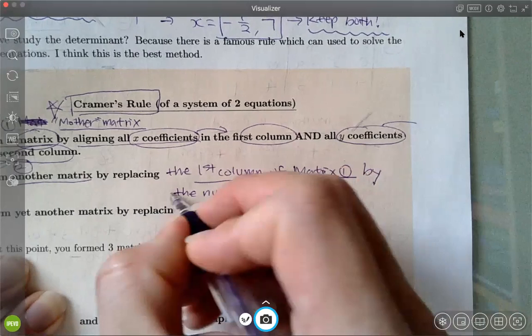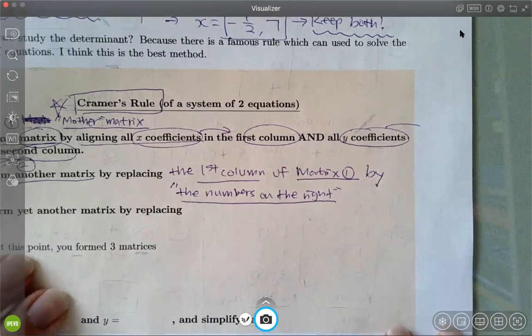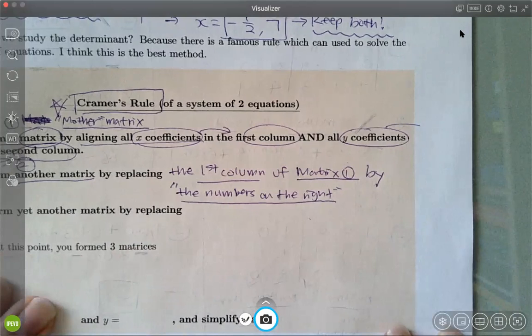At this point the expression, the numbers on the right, may look confusing, but once we actually do the problems, this will make sense, and it's actually pretty easy. So the second matrix is formed by replacing the first column of the mother matrix by what's on the right.